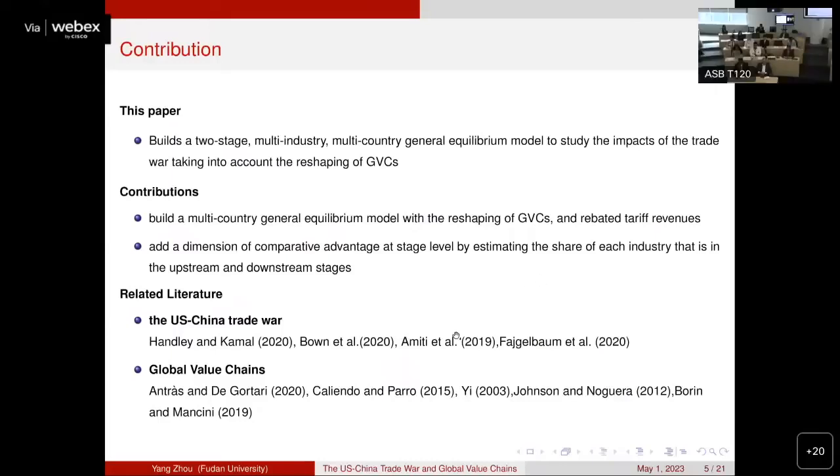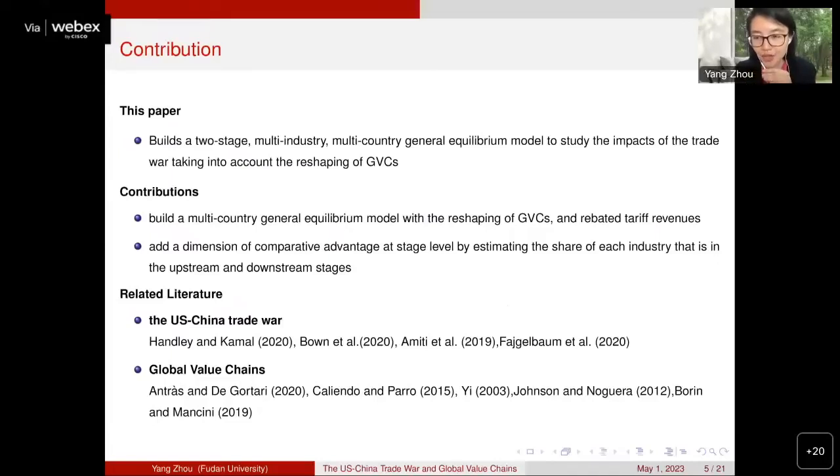In all of those papers, I want to compare my result versus the one from Fajgelbaum et al. 2020. They also build a general equilibrium model, but instead of building a general equilibrium model of the world, they focus on the United States and take the import price as given.